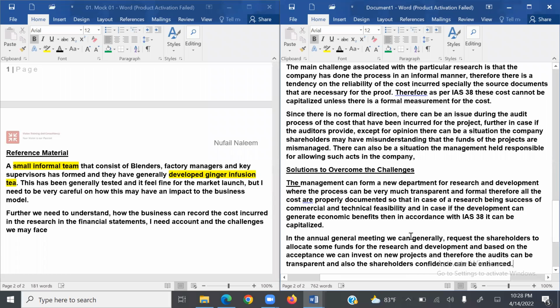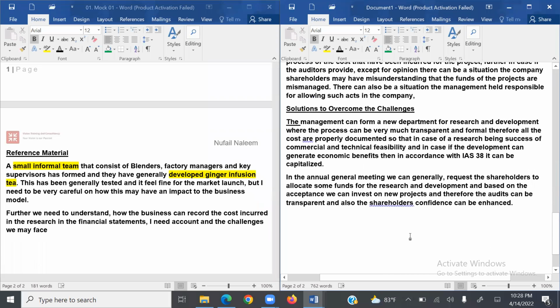Full stop. Students, I think this is a super answer.